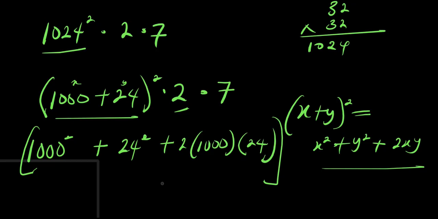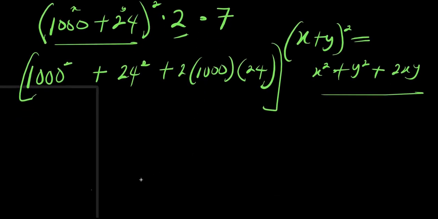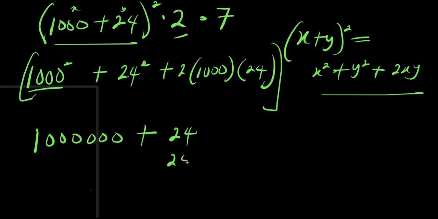So I will simply have 1,000 squared, that is 1,000 times 1,000, that is 1 million. Plus 24 squared, that is 24 times 24. So I multiply this out. I use multiplication. 4 times 4, 16.